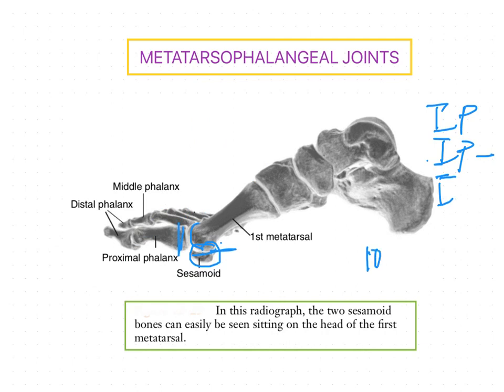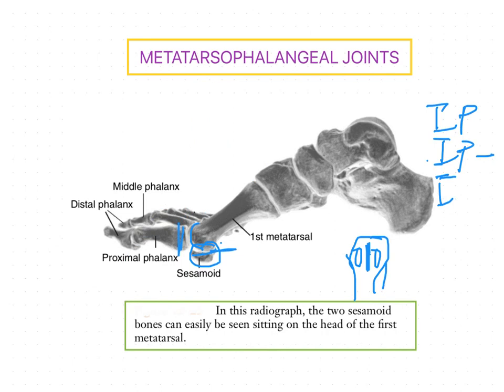So the two sesamoid bones lie in the groove on the plantar aspect of the metatarsal, and these two sesamoid bones are separated by a ridge called the intersesamoid ridge on the metatarsal head. The ligaments associated with the sesamoid bones form a triangular mass that stabilizes the sesamoid bones within the grooves.